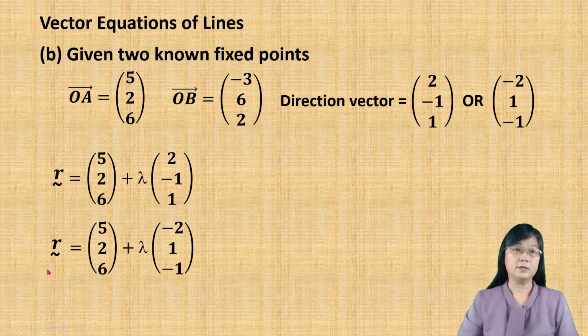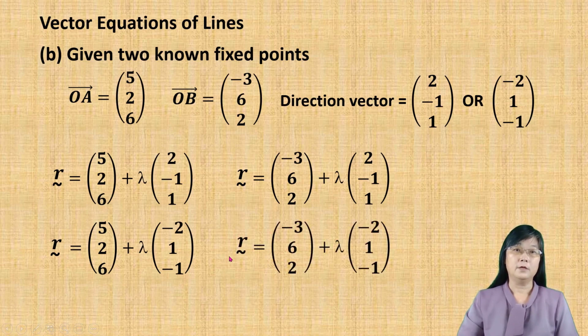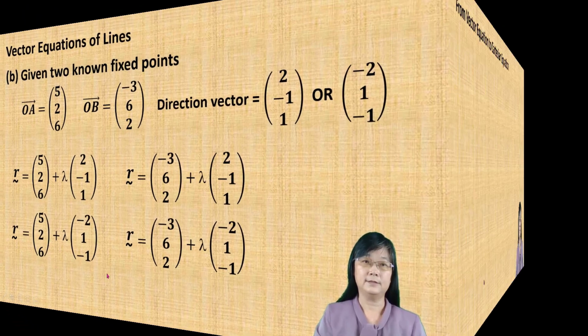Or maybe you can use OB as the position vector with the direction vector 2, negative 1, and 1. Or you can use OB as the position vector with the direction vector negative 2, 1, and negative 1. So we have more than one answer for the vector equation.